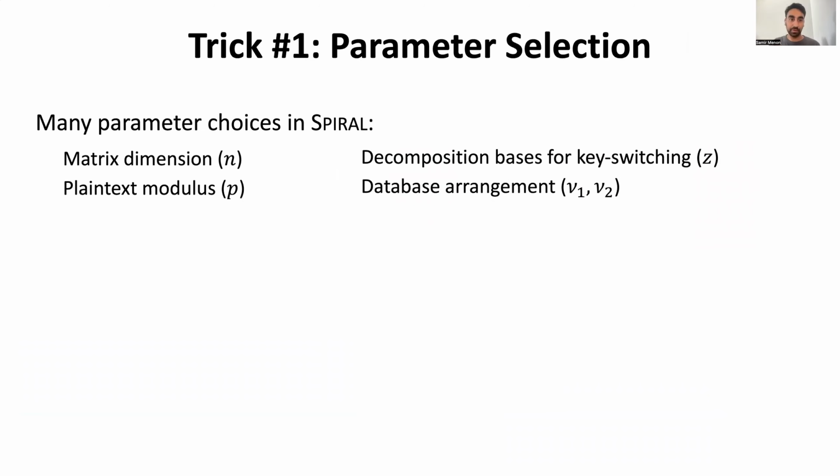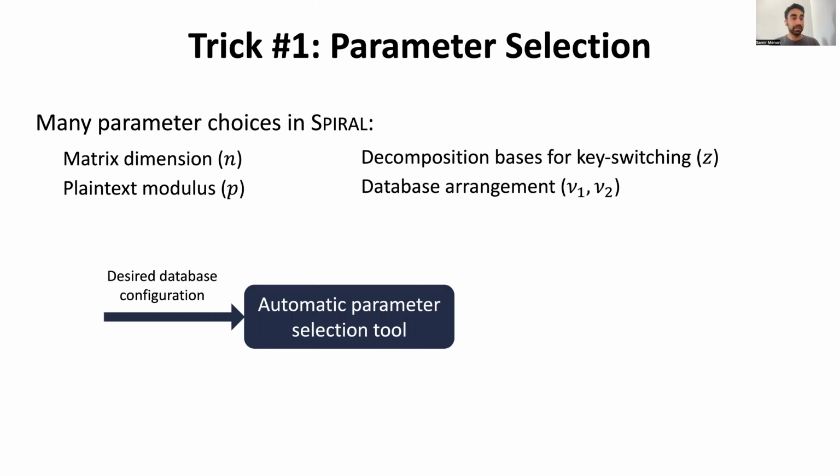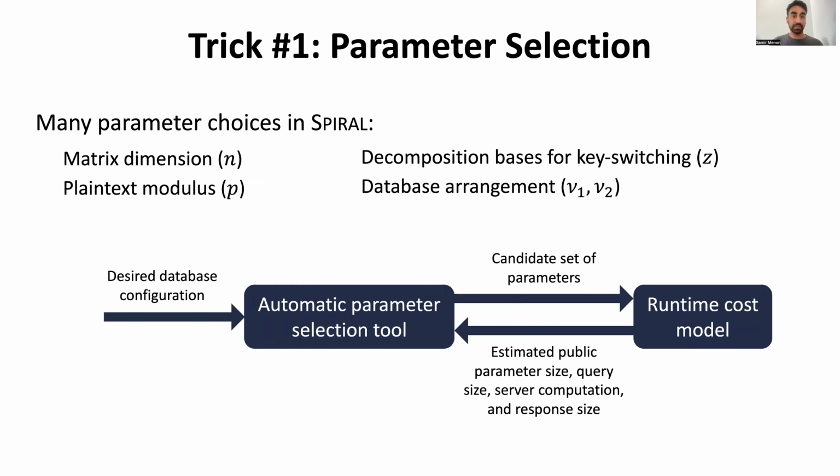The first is how we choose parameters. There's a ton of parameter choices you can make. You can use different decomposition bases in different parts of the query expansion. You can arrange the database so that the first dimension and the second dimension are different. And you can play with the plaintext modulus and the size of all the matrices that you use. To choose our parameters systematically, we wrote a script that, for any set of parameters, estimates how long it thinks query processing will take, and then comes up with a cost from that.